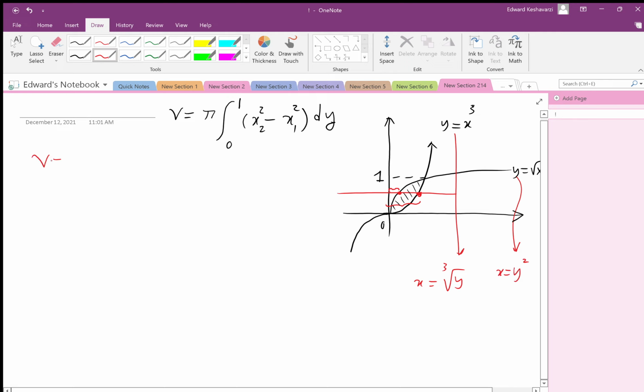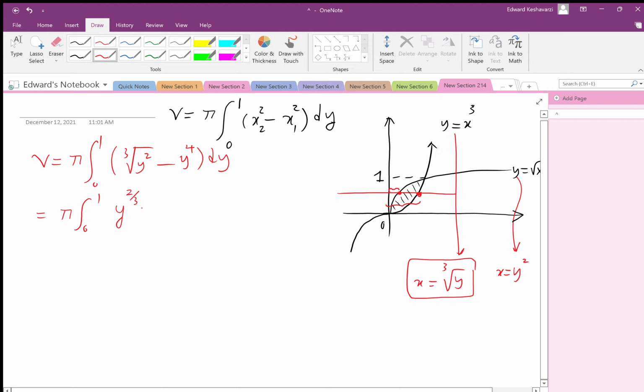Therefore, v becomes pi integral from 0 to 1 farther, which is cube root of y, squared, minus y^4 dy. So this one can be written as y to the power of 2/3 minus y^4 dy.